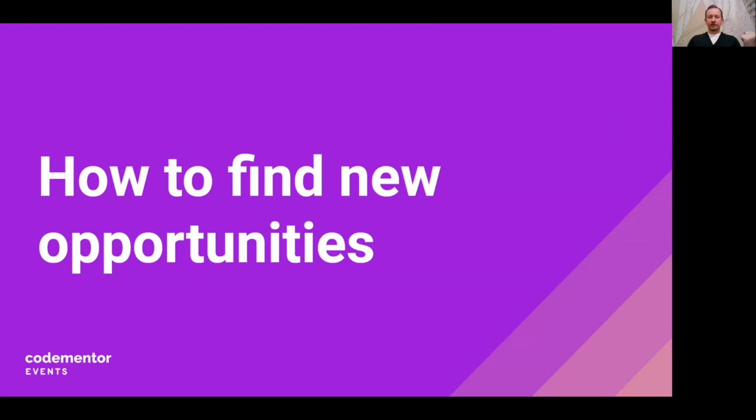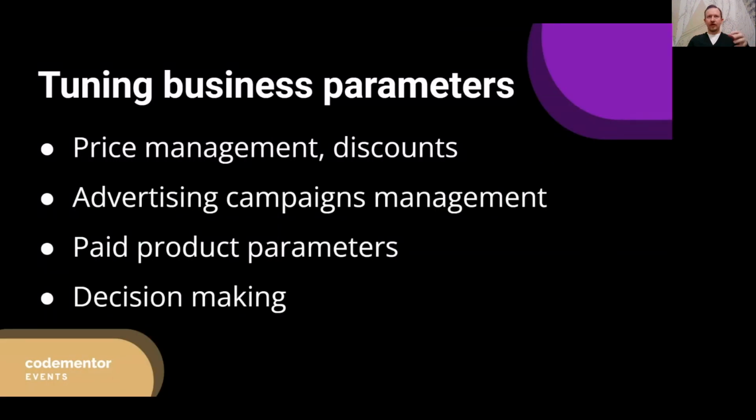How to find new opportunities for analytical systems in your company. First, try to find some points of your system, of your business, where someone can tune some business parameters to make a big impact. It can be price management, or it can be discounts.